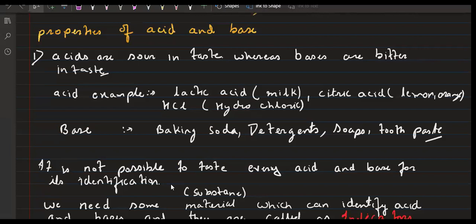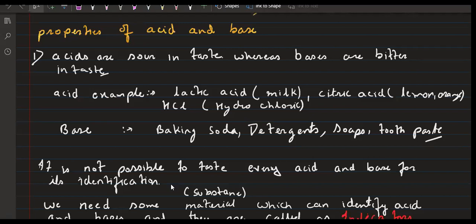All those acids have a sour taste. Bases have a bitter taste. Common components in which bases are present are baking soda, detergent, soap, and all those things. Now we can say that acids are sour in taste, bases are bitter in taste.